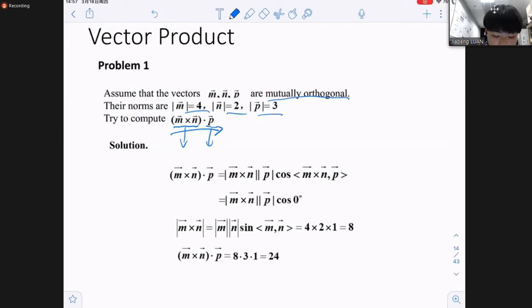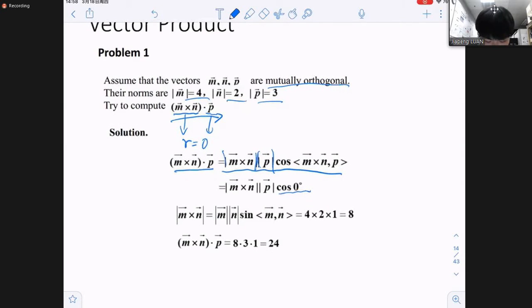So M cross N is actually orthogonal to M and also to N, which means that this thing is actually parallel to P. So these two vectors have an angle which is 0. You just do the dot product: this norm times this norm, and also cosine 0. So then you have this equation.